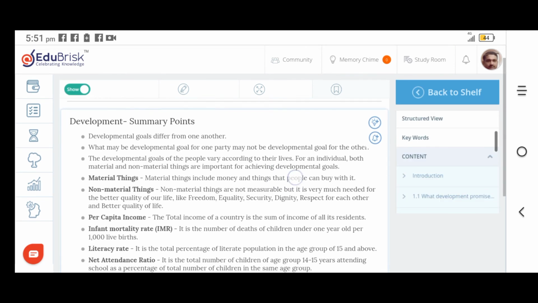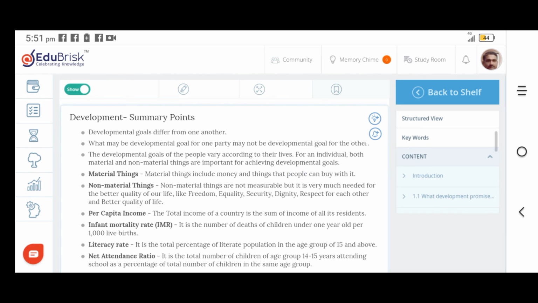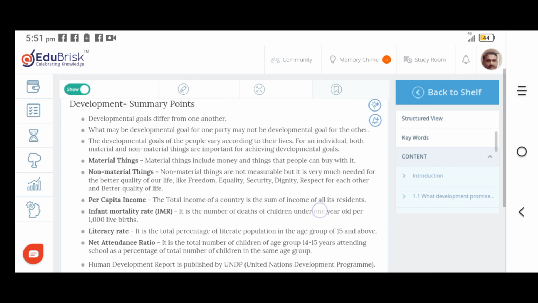Development: what do you know about development? Development here means the growth of the country. The growth of the country can be achieved through many developmental activities, but these activities should not destroy the environment.